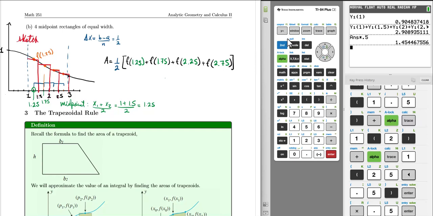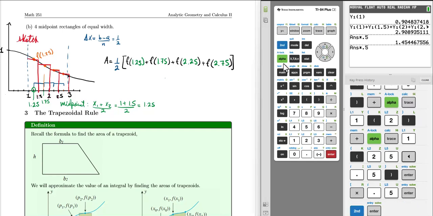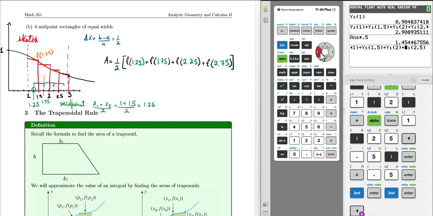So, same idea here. I'm going to keep the same operations, except that I'm going to be switching the endpoints. So I'm going to go to our calculator and go back to the previous operation. So second enter. There we go. Now I'm going to edit them. So let's see, our first height was the function evaluated at the midpoint of the first subinterval, which was 1.25.